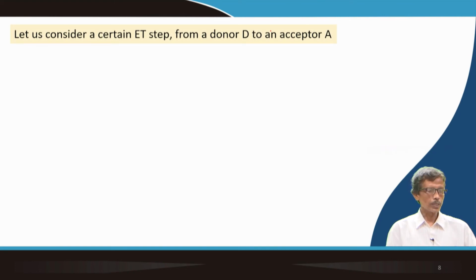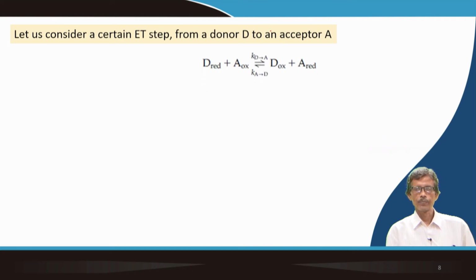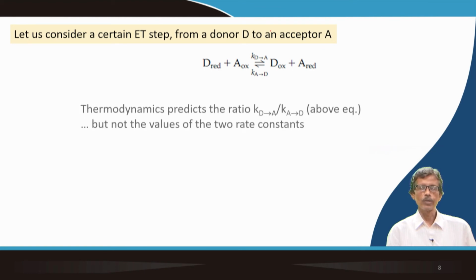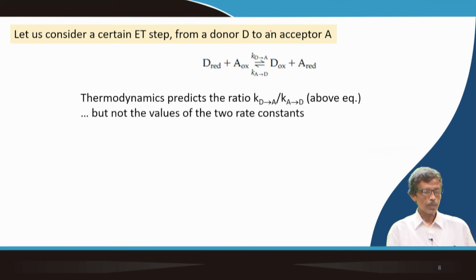So, if we consider an electron transfer step from a donor D to an acceptor A, then you have the donor in the reduced form and the acceptor in the oxidized form. Then we bring in the kinetic part, the small k. Always try to remember that the capital K's are the equilibrium constants and the small k's are the rate constants. But when we concentrate our attention on the thermodynamics of the process, we can only find the ratio, because we are reaching an equilibrium process.